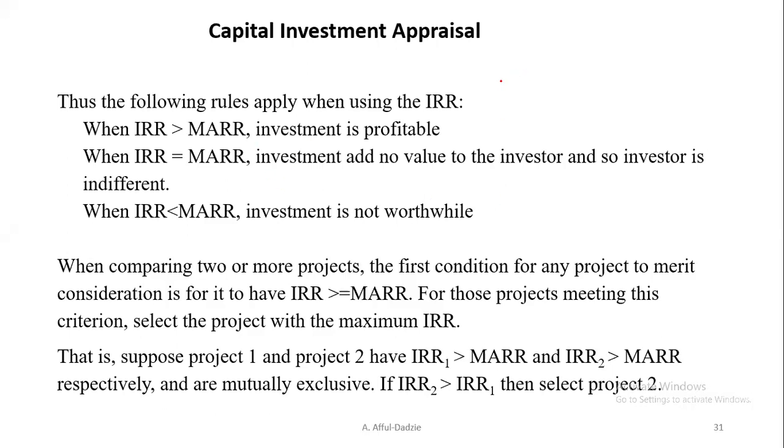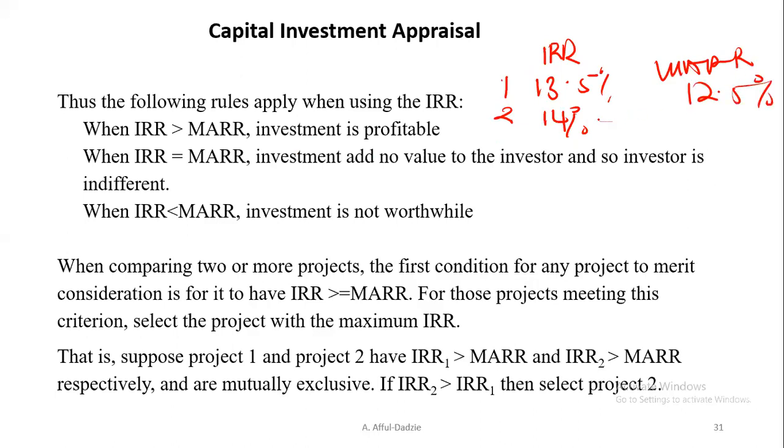Let's say we have two projects, 1 and 2. This is their internal rate of return. One has a rate of return of 13.5%, the other one has 14%. And then the minimum acceptable rate of return for the company is 12.5%. Now, in this instance, we first compare this.